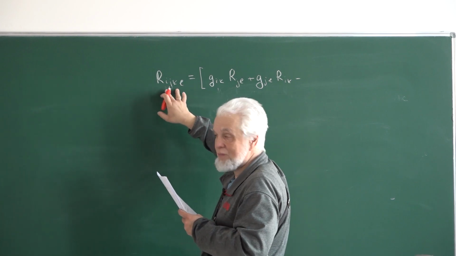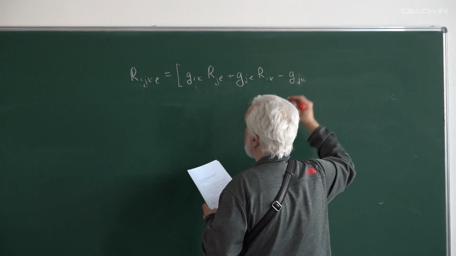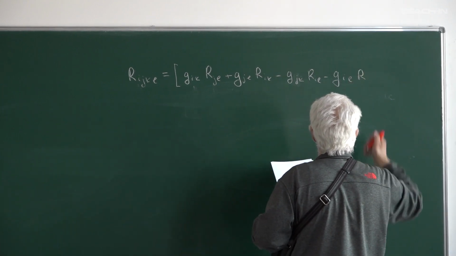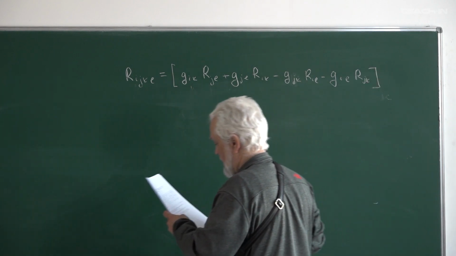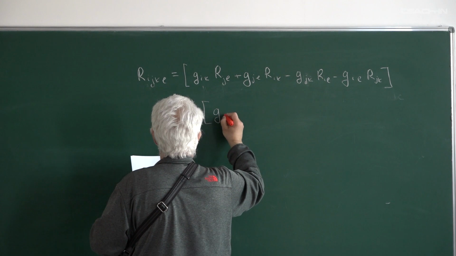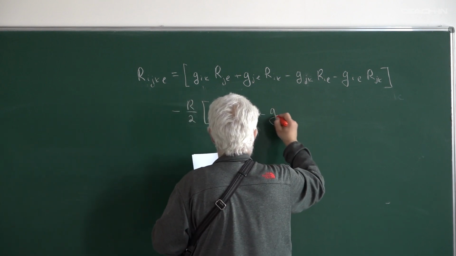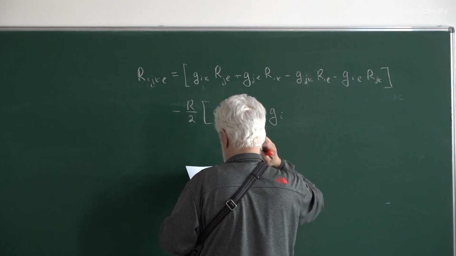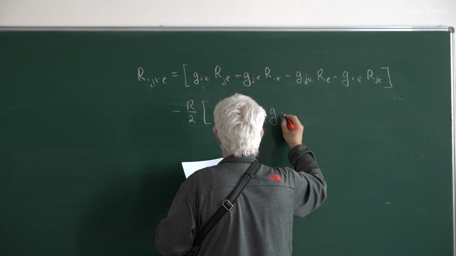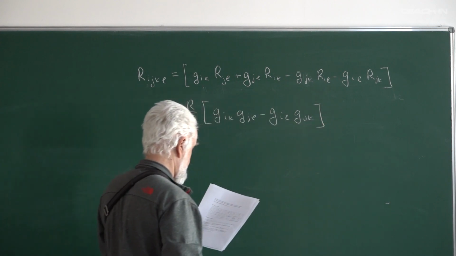Here we take 1, 4, 3, 2. Two negative terms. R_{IL} is g_{IL} R, J K, minus R divided by 2, g_{IK} g_{JL} minus g_{IL} g_{JK}.